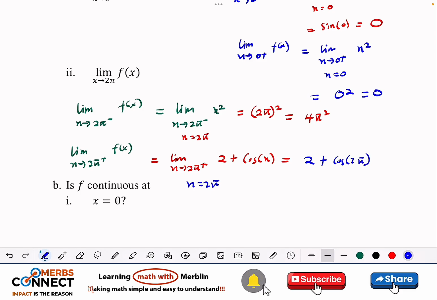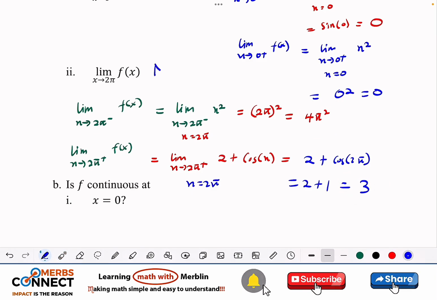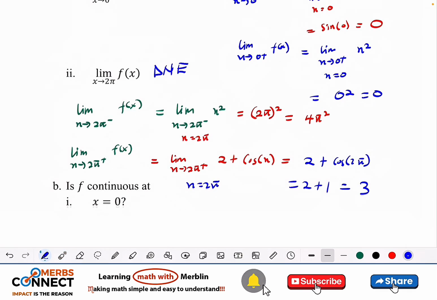What is cos 2 pi? Cos 0 is 1, so cos 2 pi should be 1. So this is going to give us 2 plus 1, and this is going to give us 3. So we can see that this is not the same as this. So we can conclude that this limit does not exist.